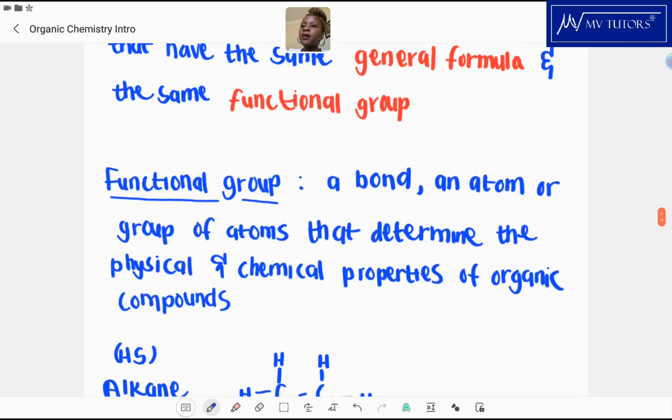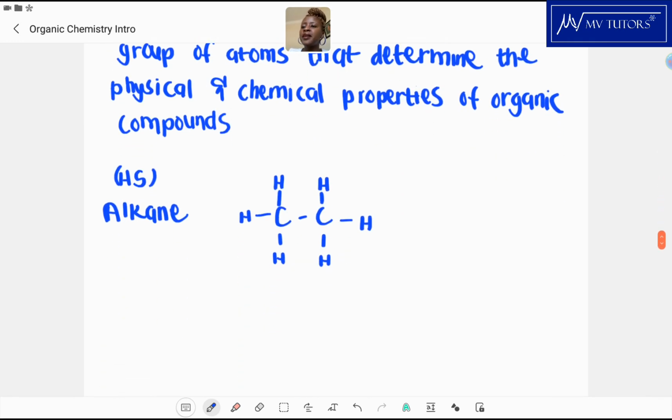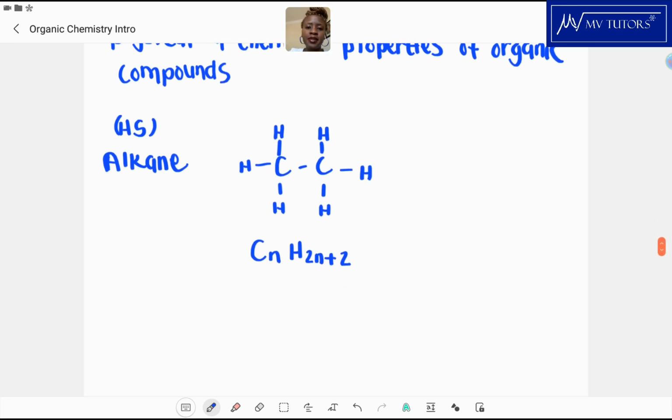Now, when I spoke about the general formula, you see the general formula for alkanes is CnH2n+2. As you can see, we have two carbon atoms, so n will be substituted by 2. Then for your hydrogen atoms we say 2 times 2, plus 2.